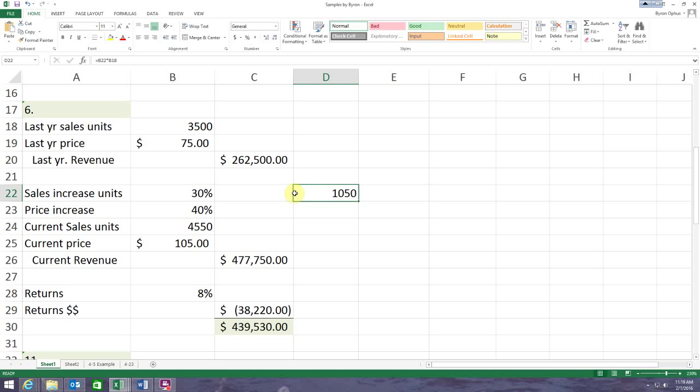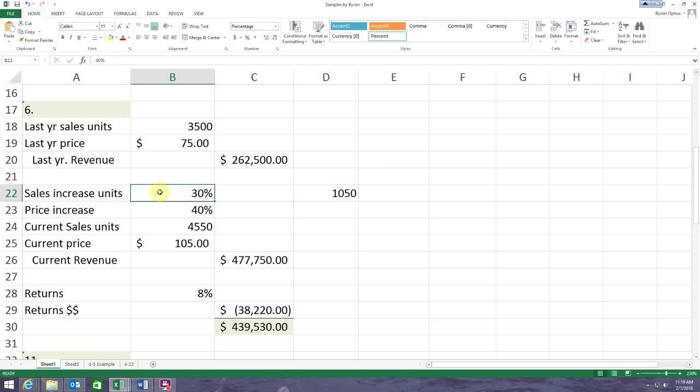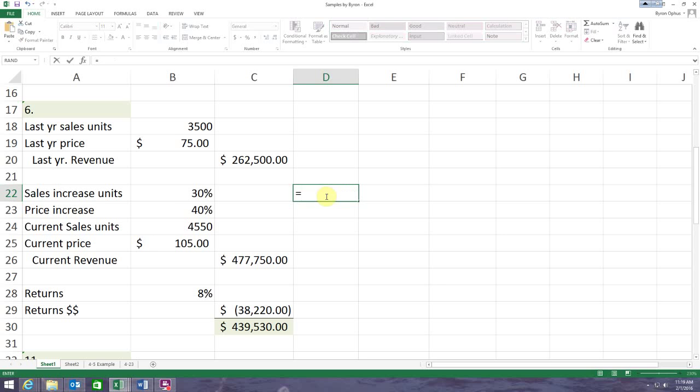There's a couple ways you could go about getting to this number, and this one I just put off to the side. If I'm going to have an increase in sales of 30%, this is equal to that 30% times my last year's sales. That's my increase. That's how many more units I'm going to sell next year.